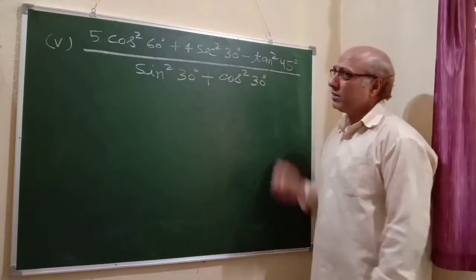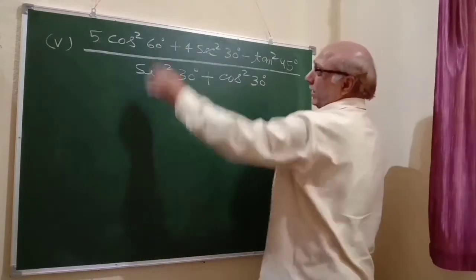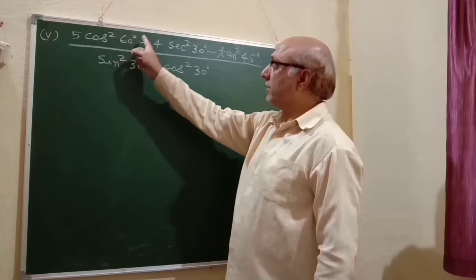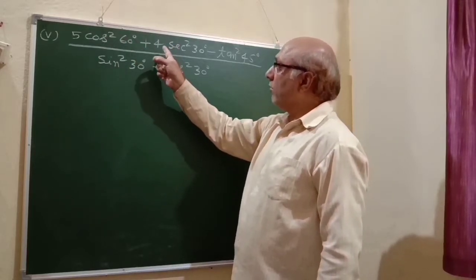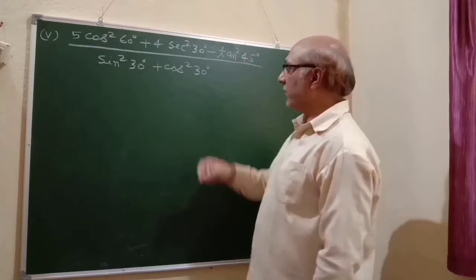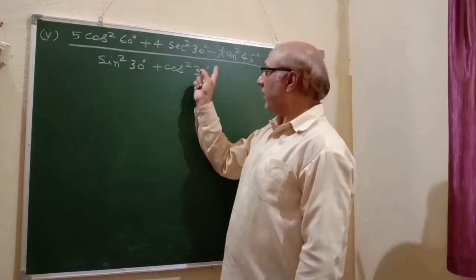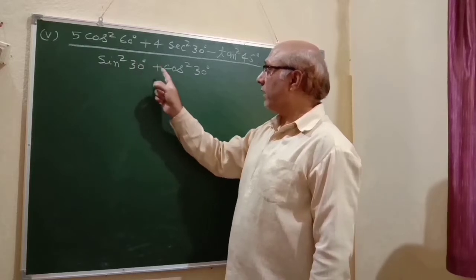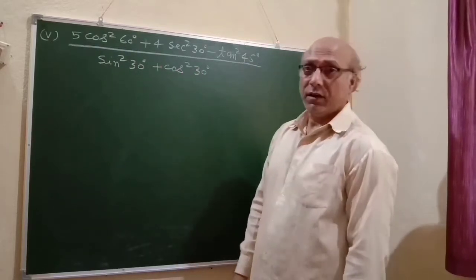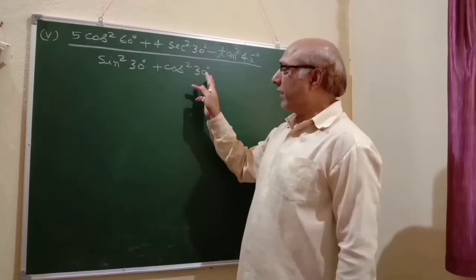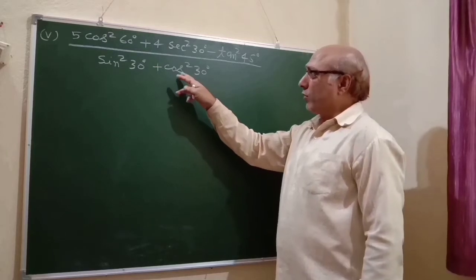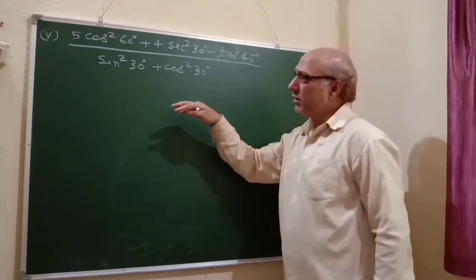Dear students, here cos square 30 degree means cos 30 degree whole square.